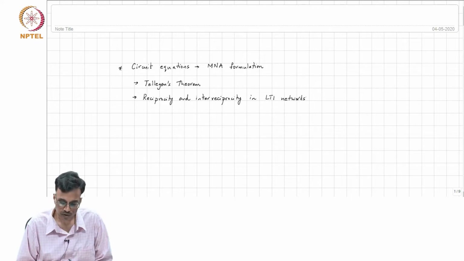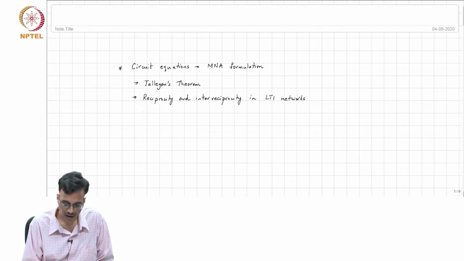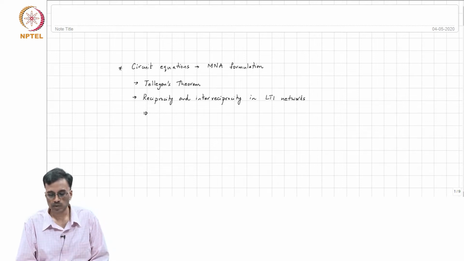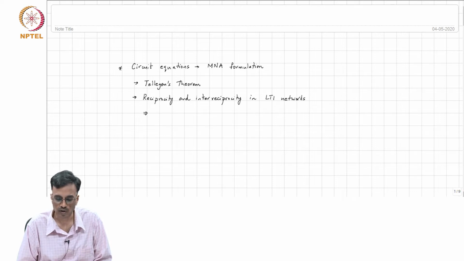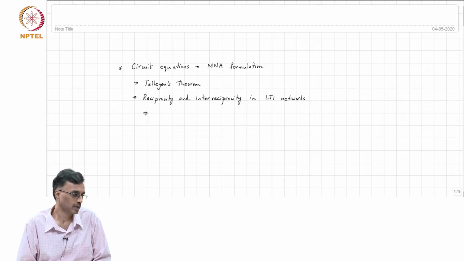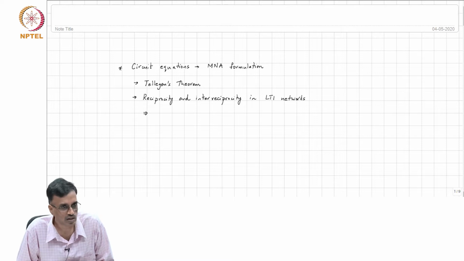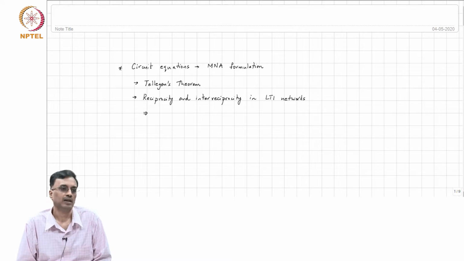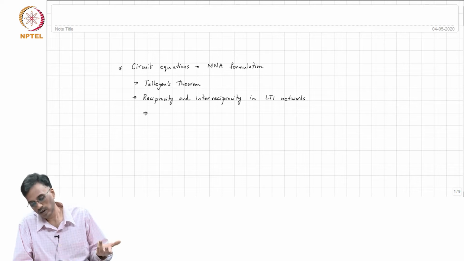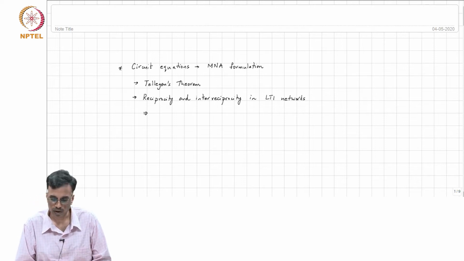The key conclusion there was that the concept of interreciprocity, which we have also seen during our study of LPTV systems, is extremely important, extremely useful in noise calculations, and basically in situations where you need to find multiple transfer functions when you have multiple inputs and a single output, right.